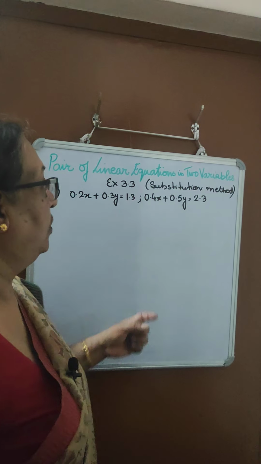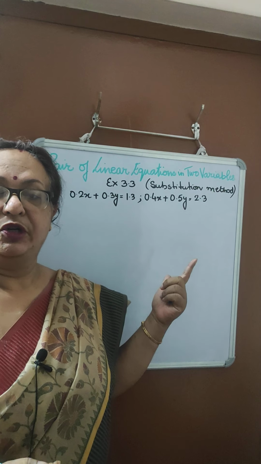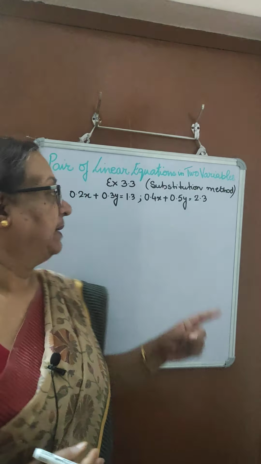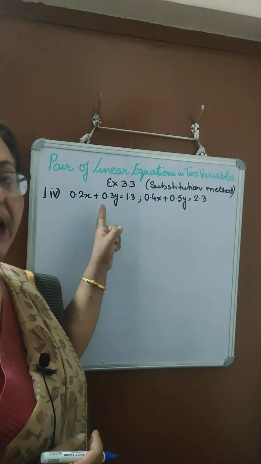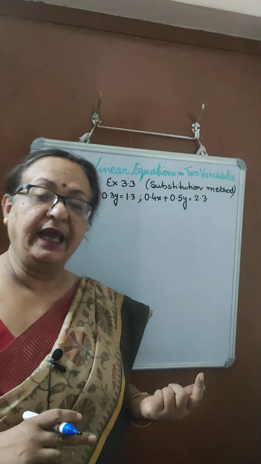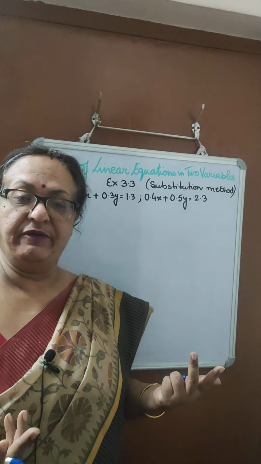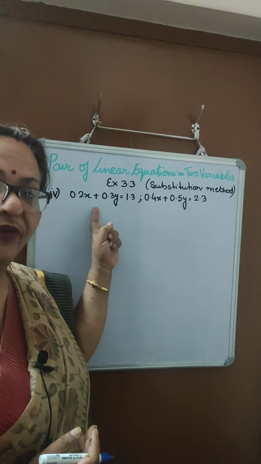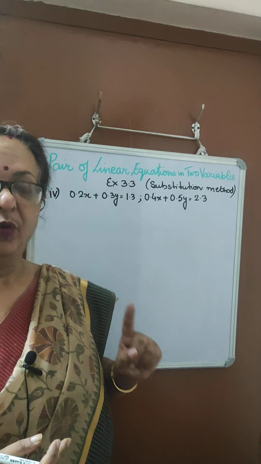Okay, now you know what we do in substitution method? We choose any of the equations. Suppose I chose this equation and then what I do? I find the value of either x or y according to my wish. From this equation I find either the value of x or the value of y.